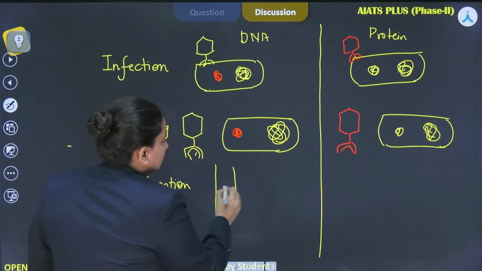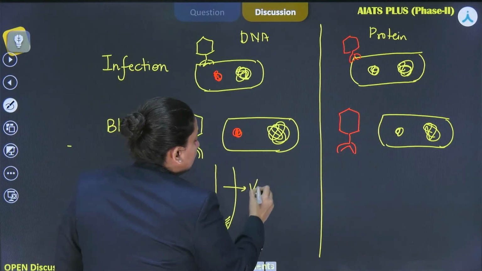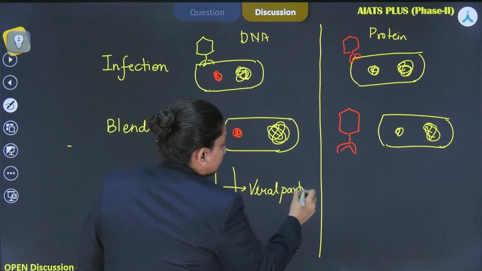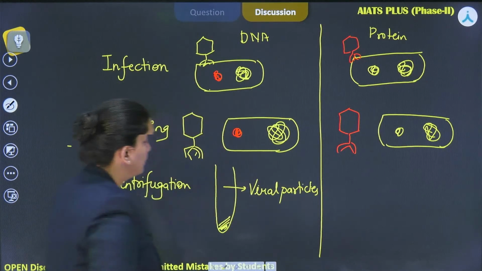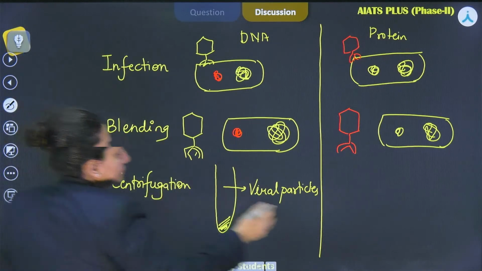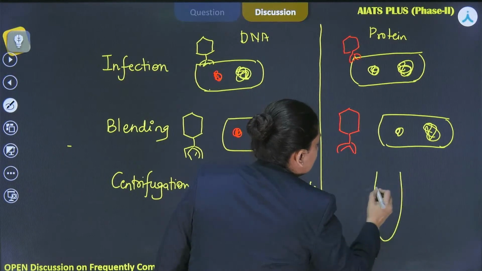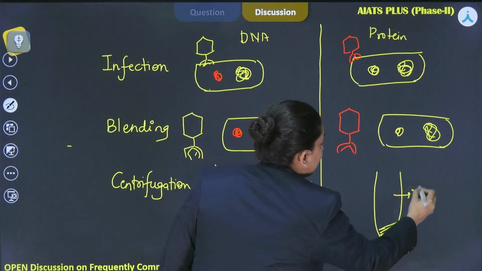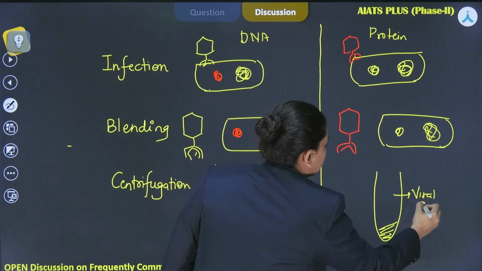And over here in the supernatant, we are going to get the viral particles, right. So, in both the cases, the same thing happened. This is the pellet that they have observed, and over here they will have the viral particles.